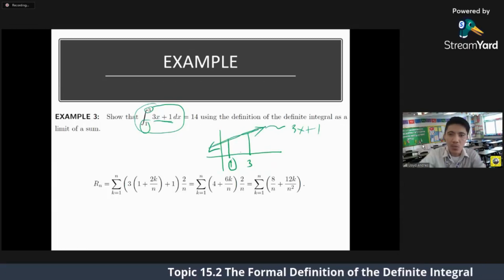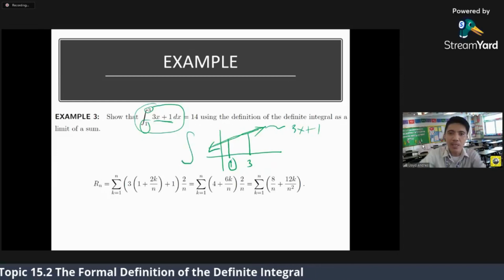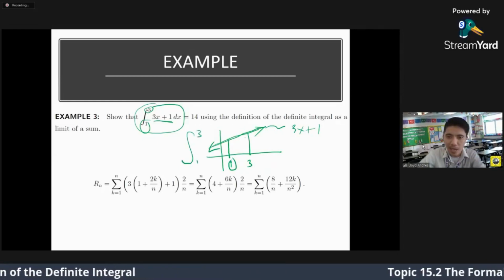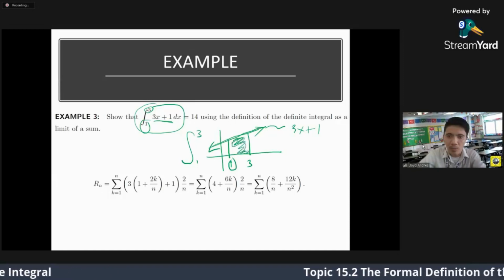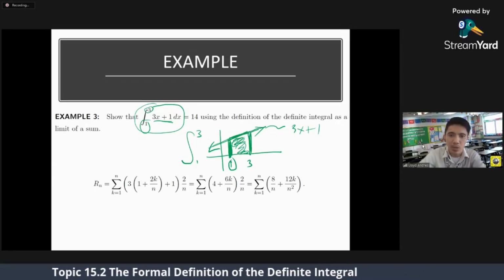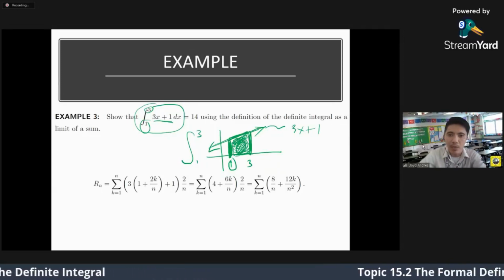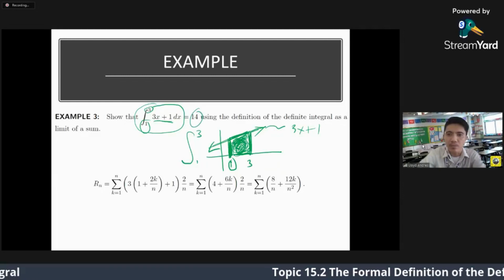When you say the integral from 1 to 3, it is the area bounded by 3x plus 1, the lines x equals 1 and x equals 3, and the x-axis. The question is what the area is, and the area is 14.